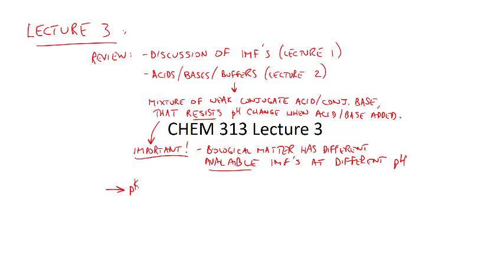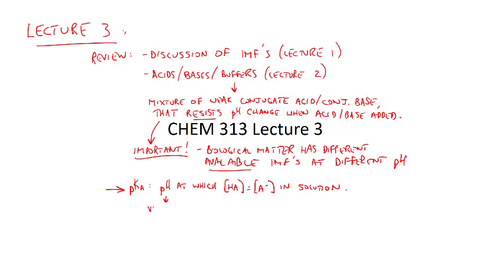we saw before that there's this concept of a pKa. So a pKa is defined as the pH at which the concentration of a weak acid is going to be equal to the concentration of its conjugate base in solution.